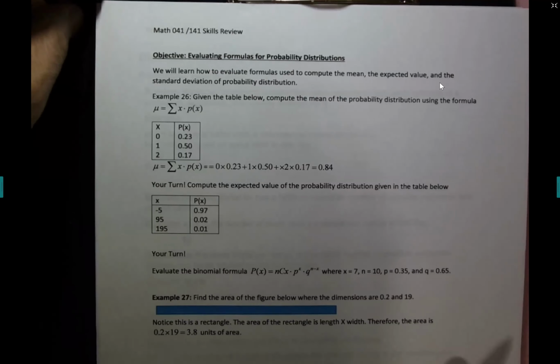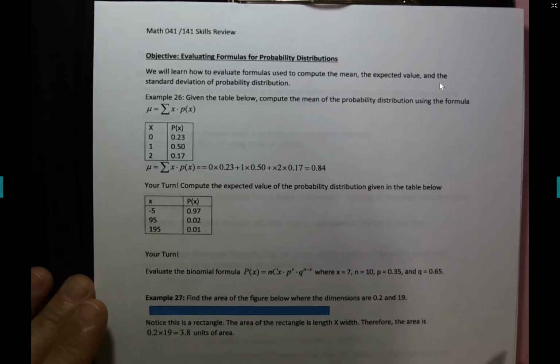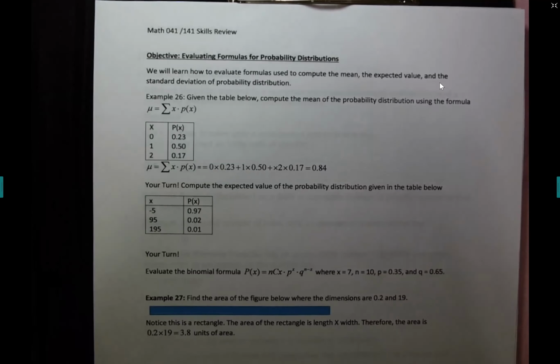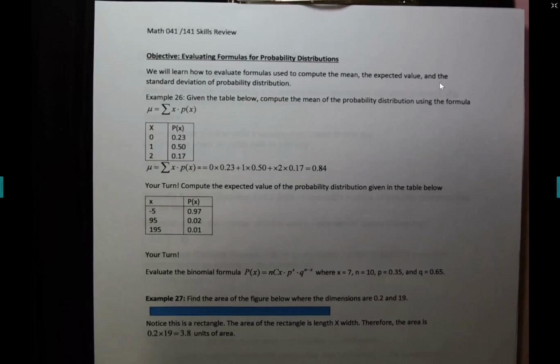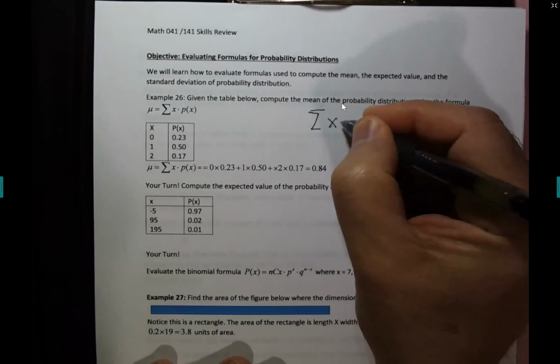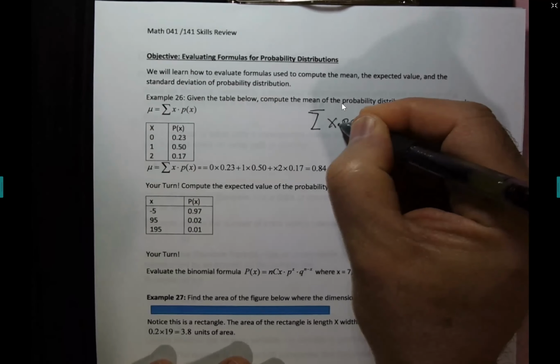Now we're just going to show you how to fill in formulas. And let me just explain this before we start working on chapter 4. Okay. We're going to see this formula later, but I want to introduce you to it beforehand.